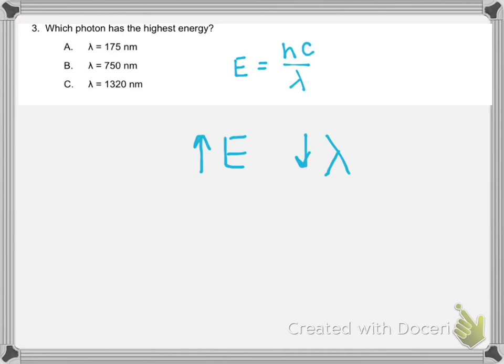And so the one with the shortest wavelength will have the highest energy, and that would correspond to photon A. And the constants h and c are written on the data sheet, so you don't need to memorize those or anything.